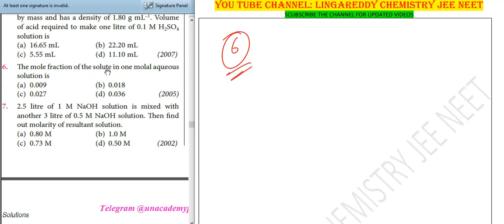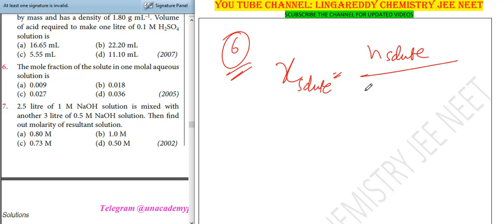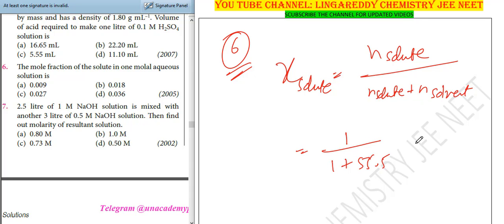The mole fraction of solute in 1 molar aqueous solution. Mole fraction of solute, X solute, equals n solute by n solute plus n solvent. This same question we discussed just before. The number of moles of solute is 1, and the number of moles of solvent is 55.5. How can I say 55.5?